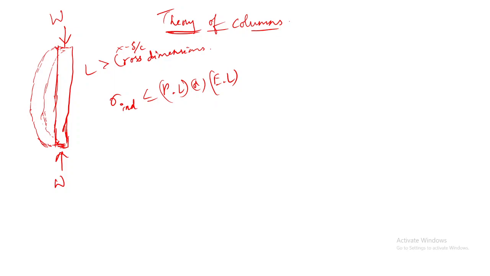It will buckle without failure. Buckle means it will elastically bend, and on removing the load it will regain its original shape. But this elastic buckling we don't need. This elastic stress which is induced is less than the proportional limit. This is the thing which I am saying here.